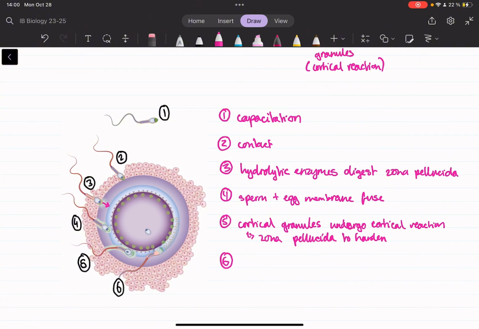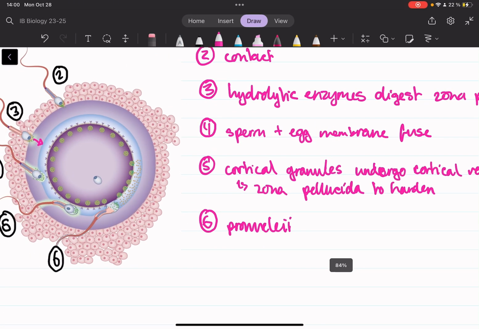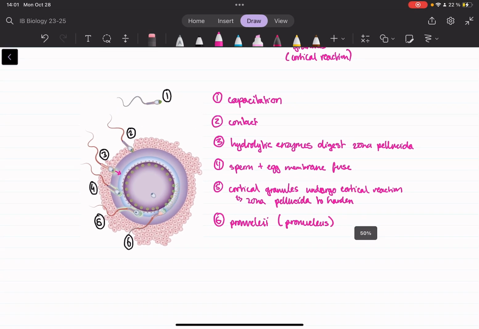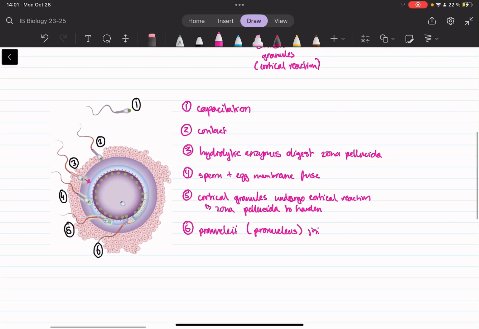Then what happens is that the midpiece and the tail and the membrane of the sperm will disintegrate essentially, and then the pronuclei, which is essentially the DNA of the egg and the sperm, and the singular of that, by the way, is the pronucleus, will join and undergo mitosis.